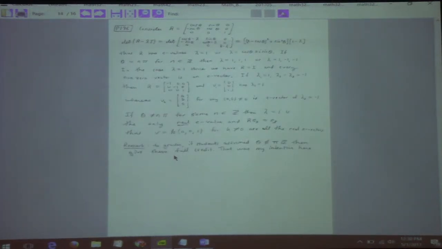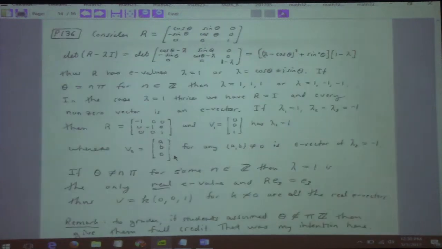So first of all, 136, I'll be brief here. I think I added that theta was not a multiple of pi, didn't I? Makes your life a little bit easier. Because here I had to separate out if theta is n pi, we either get the identity or minus the identity.